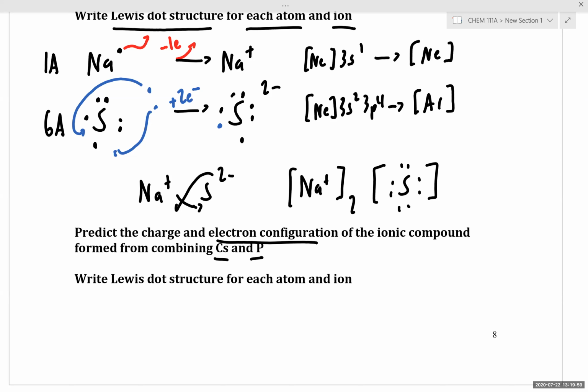Make sure to double check the group number of phosphorus to predict the ion charge. The charge for cesium I see in the chat is perfectly correct.